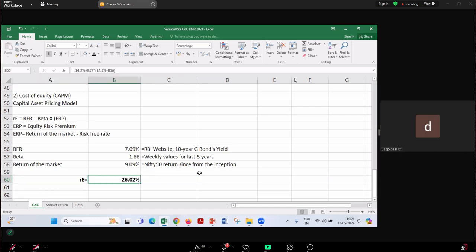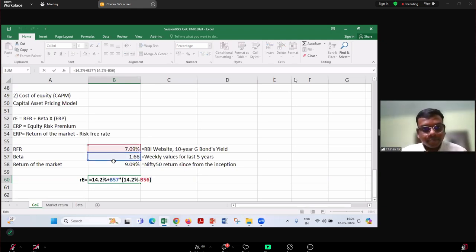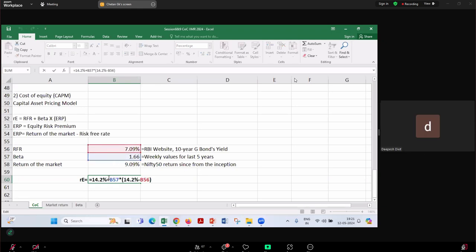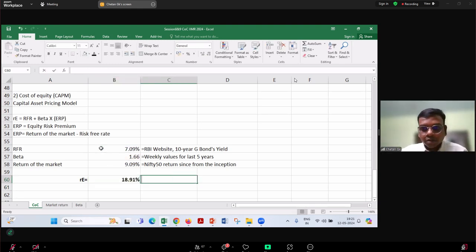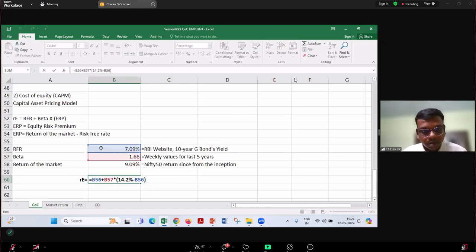I think, sir, starting is RFR only, no? Yeah. So it won't be 14.2. This is RFR. Okay. So risk-free rate multiplied by beta. Just see whether I'm right.